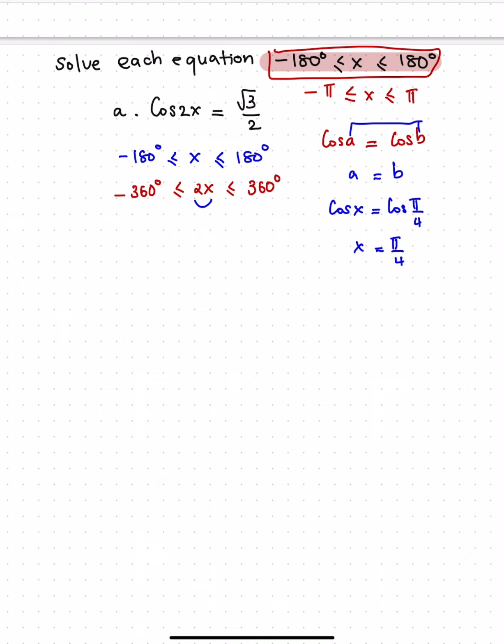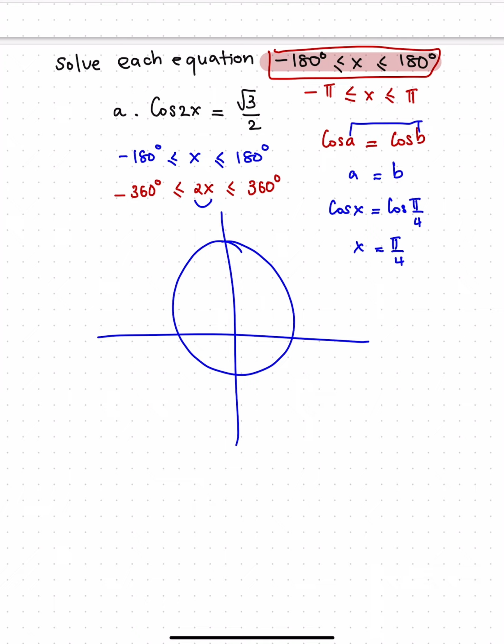So what does it mean? The angle that we have to put into cosine to become square root 3 over 2 must come from this range. 360 degrees stays here, and the negative must be up there.